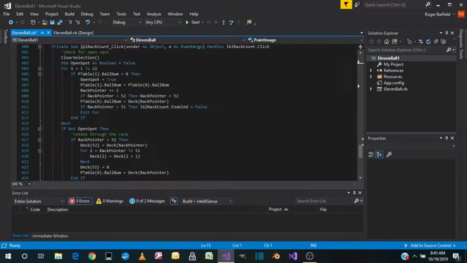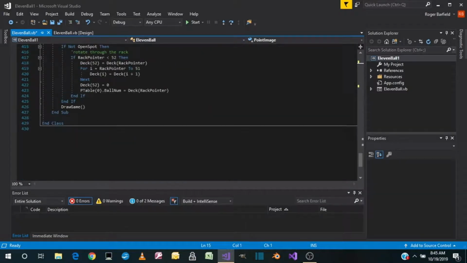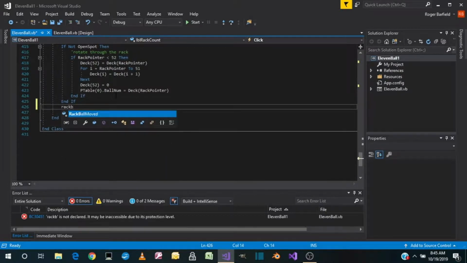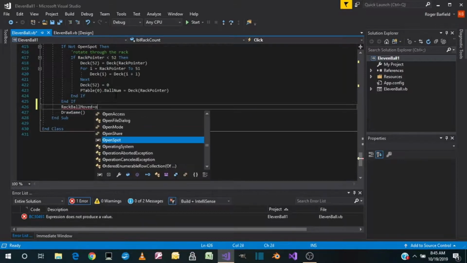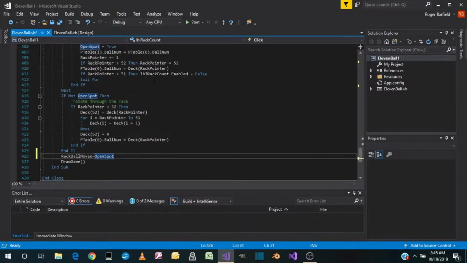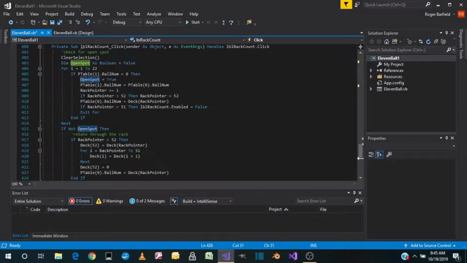And up here where it finds an open spot, that means it did move the ball. So let's go down here near the end before the draw game, and rack ball moved equal open spot. Set our flag to true because we moved the ball. And up here where it sets open ball true, open spot true. Let's see, where do we need it? Right here.